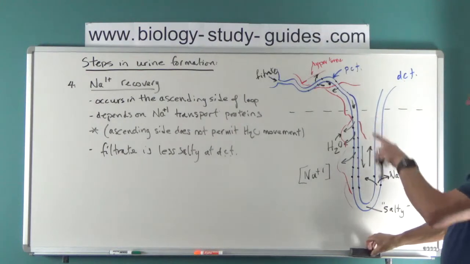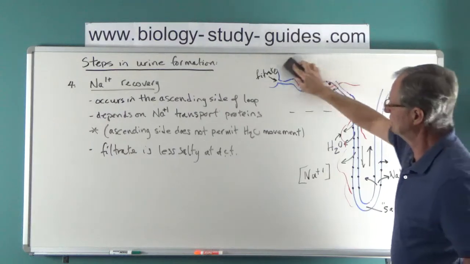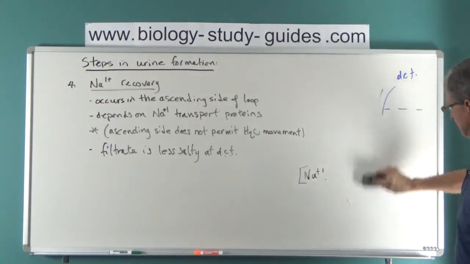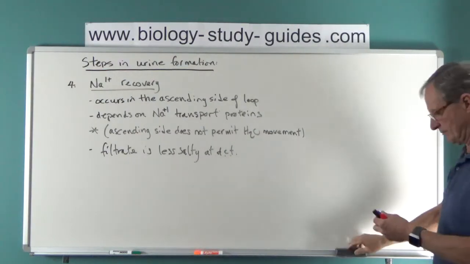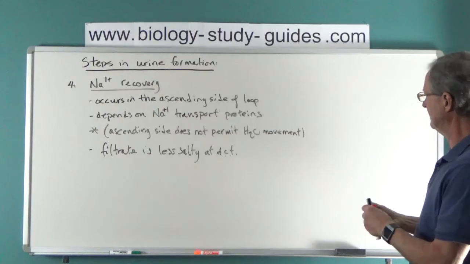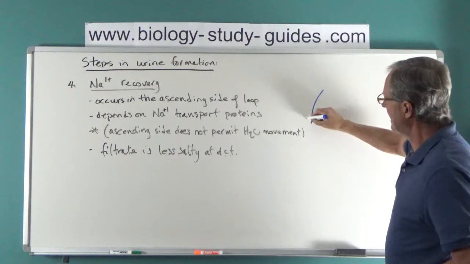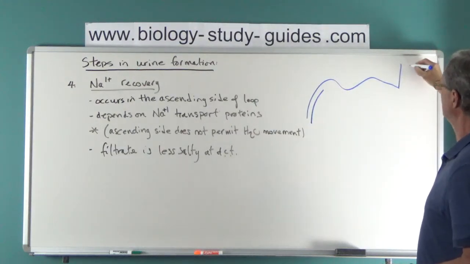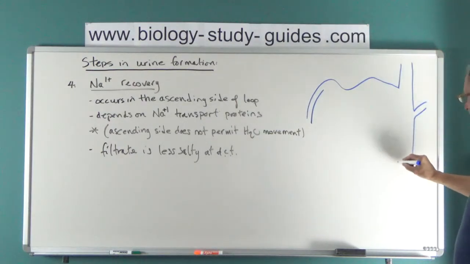Let me erase this picture and just represent the distal convoluted tubule. So we have the loop of Henle, the ascending side of the loop of Henle, the distal convoluted tubule, which leads to a collecting duct. I'll represent another nephron entry point there.